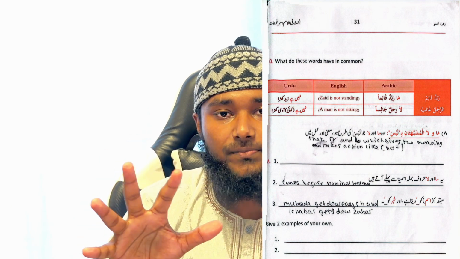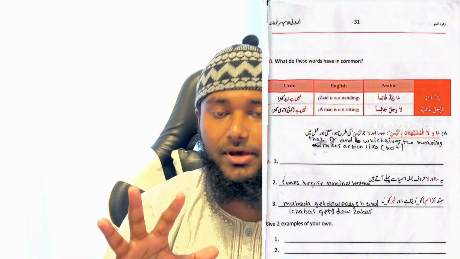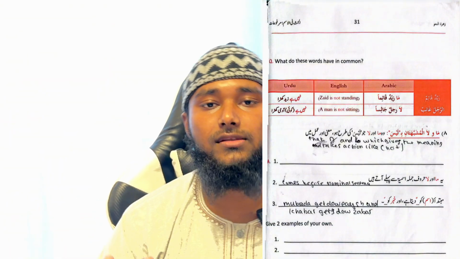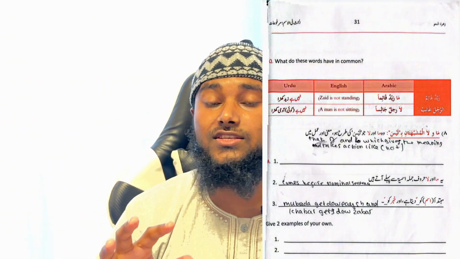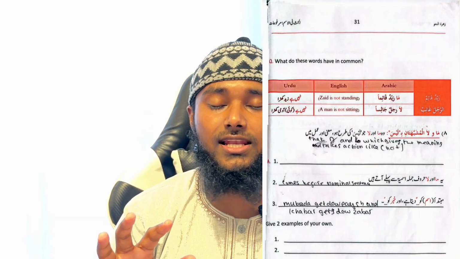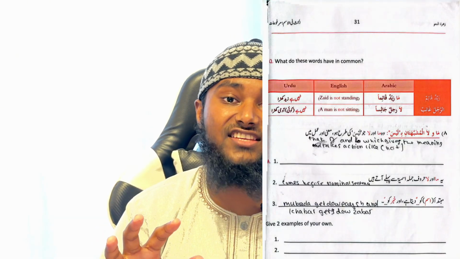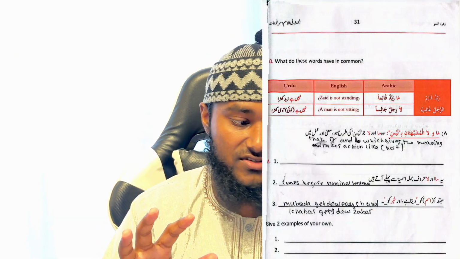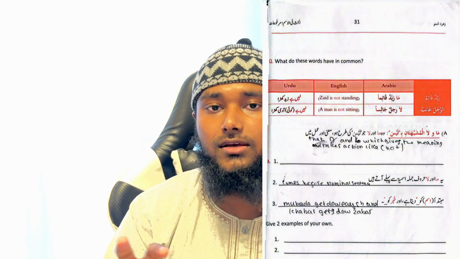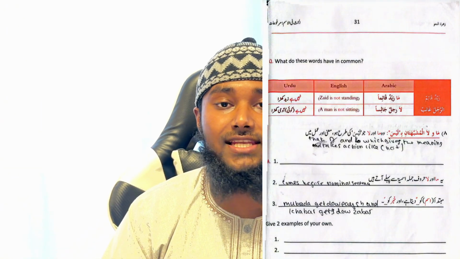So the rajulun is the mubtada. You're talking about a man. And jalisan, which he mentions here, la rajulun jalisan, is the information of the sentence, because you're giving information about a man. So you say la rajulun jalisan.